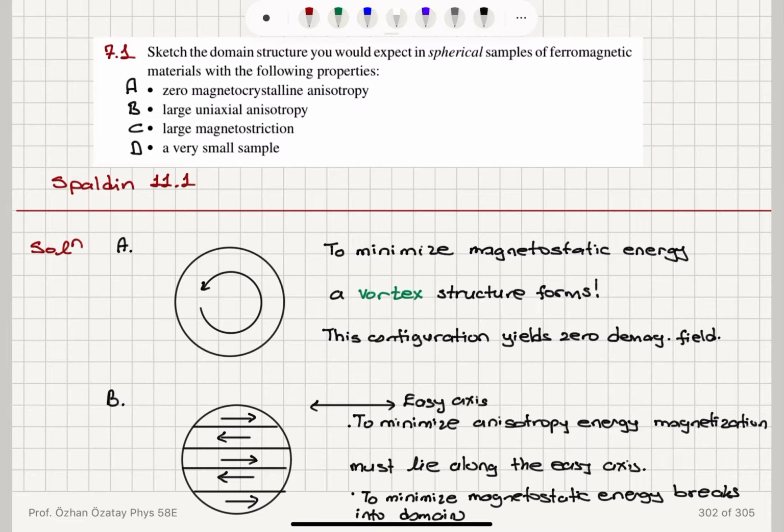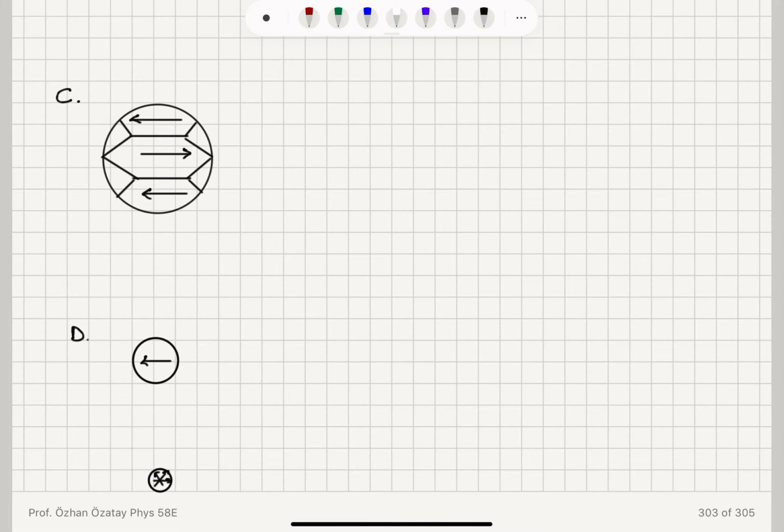Now, every time we form a domain here, you can see that you have these domain walls where the magnetization is not pointing along the easy axis, and therefore this is going to cost some energy. So to minimize the domain wall energy, few domains will form.